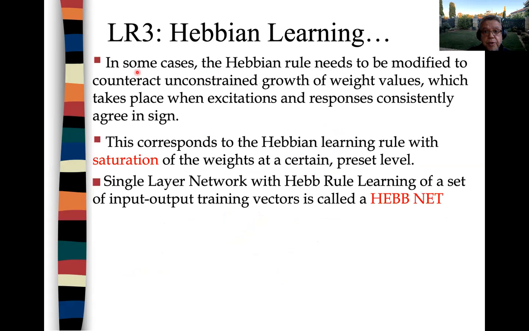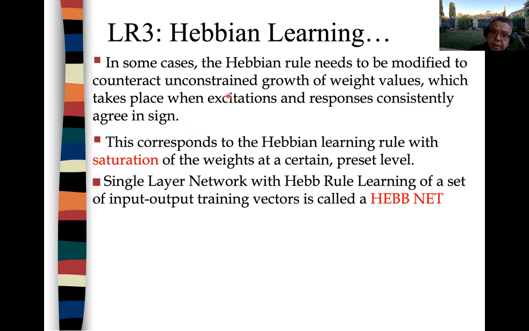So in some cases, the Hebbian rule needs to be modified to counteract and constrain growth of weight values, because the more frequently you have an input, the more your weight increases. So you would need to modify it, so it's going to be saturated. There is an unconstrained growth of weight values, which takes place when excitations and responses consistently agree in sign.